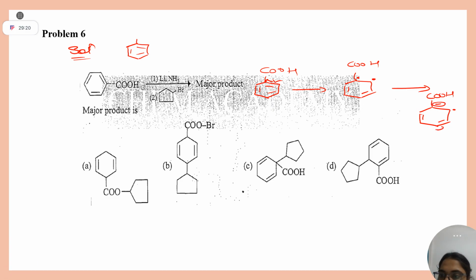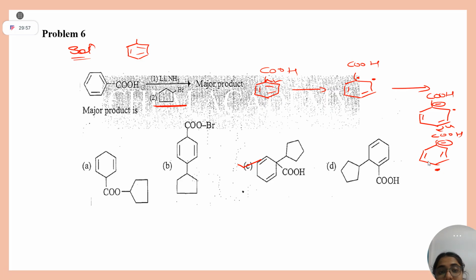And now it will isomerize. Now 1,4 radical anion forms. Good. Now you have this bromide. This negative charge will knock off this bromide, right? And you will be getting option number C. This radical will become anion and will be quenched by protic solvent. And your correct answer is option number C.